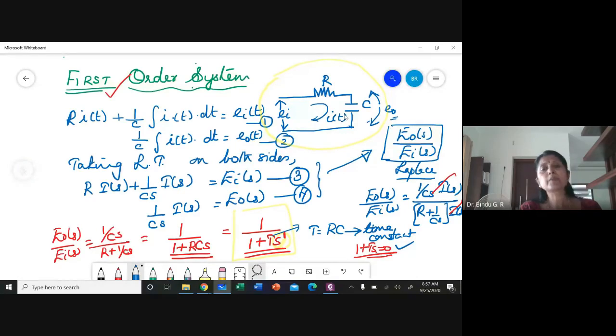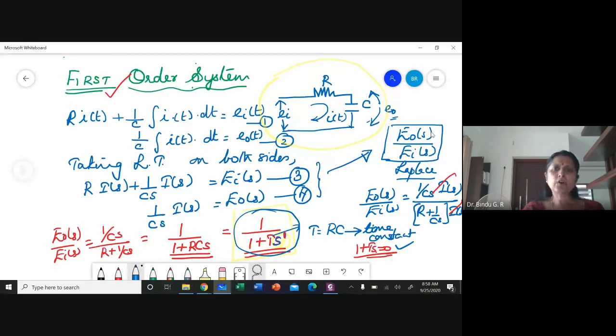We came up to the generalized form of the transfer function for the first order system as C(s) by R(s) is equal to 1 by 1 plus Ts. And why is it called a first order system? I said the highest order of S in the denominator is 1.